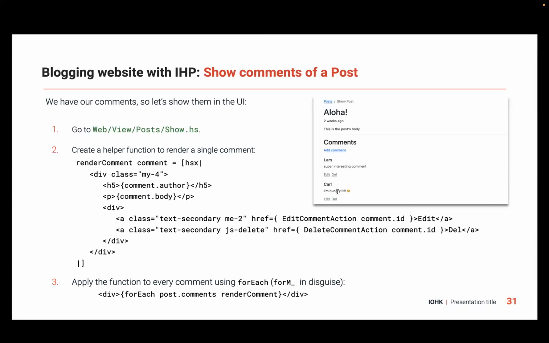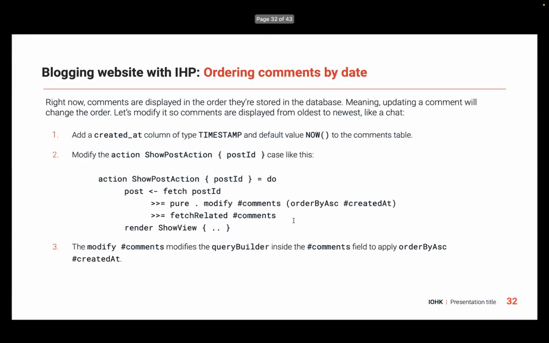And we have all these comments that we can then edit, delete, etc., adding just this small HSX. And then we apply this render comment function to each comment of the post.